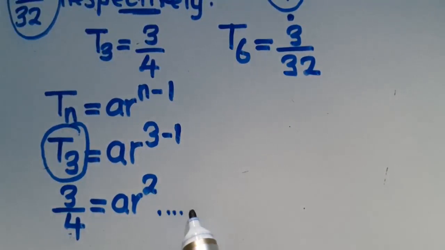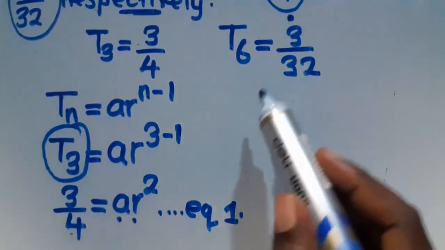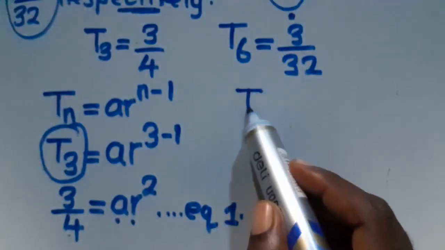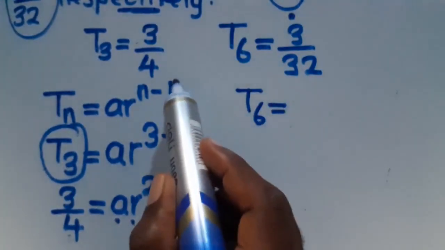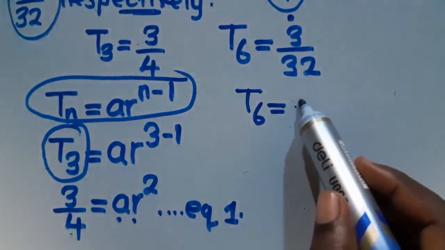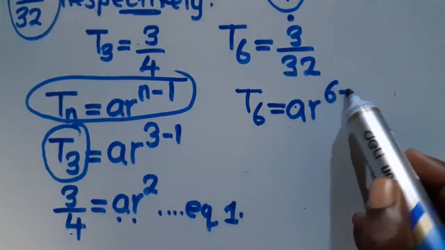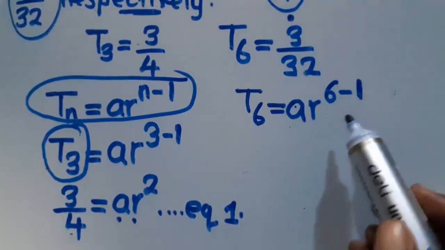You are going to name this as your equation 1. Hope you know where we are going. We want to form simultaneous equations so that we can find a, which is the first term, and r, which is the common ratio. This is equation 1. We move to equation 2. We know that T6 = ar^(6-1).